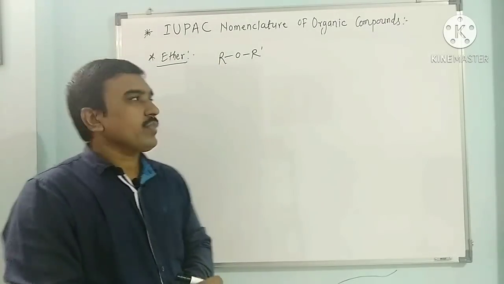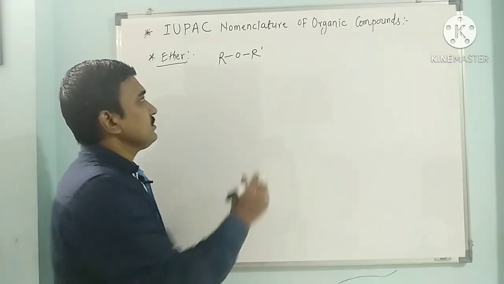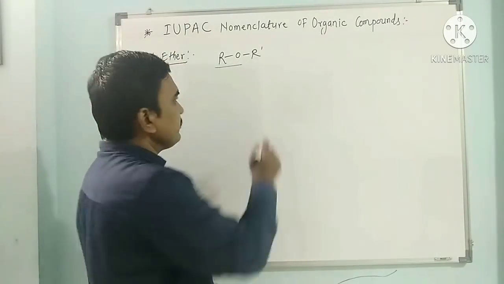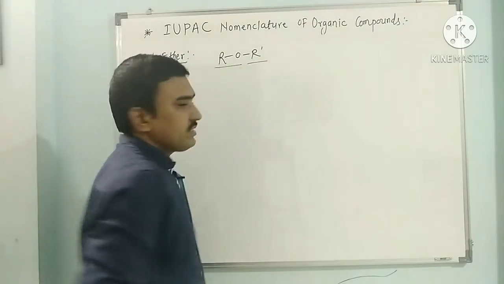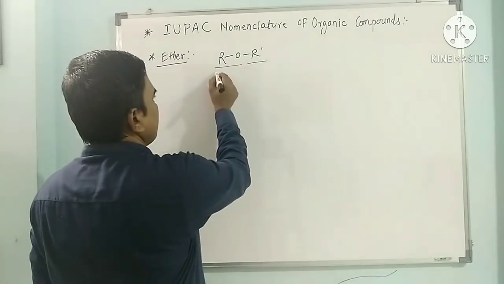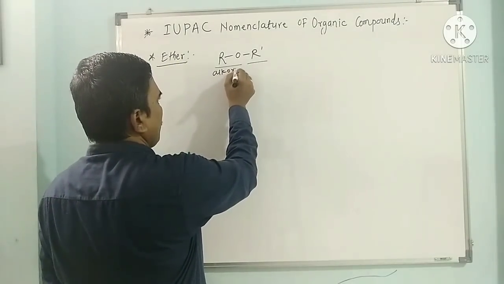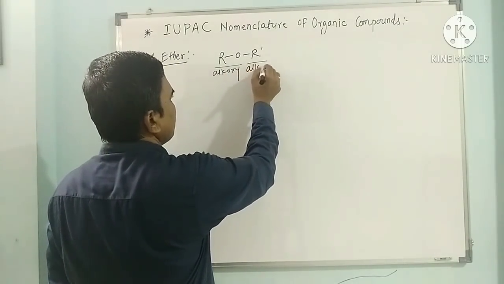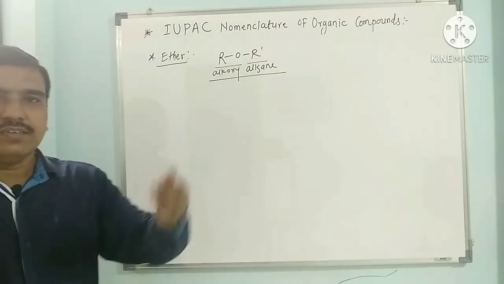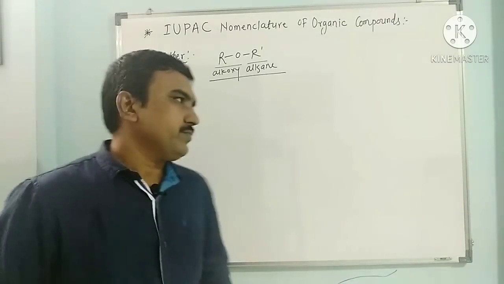So here ethers are named as, if this is smaller group, then it is treated as an alkoxy, and if it is heavier, it is treated as an alkane. So this is called alkoxy alkane. This is alkoxy, this is alkane. So the ethers are named as alkoxy alkanes.